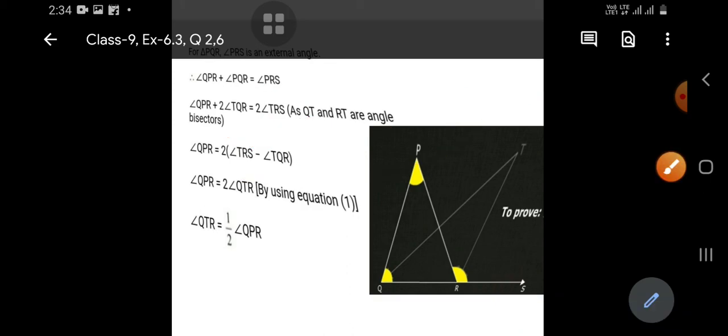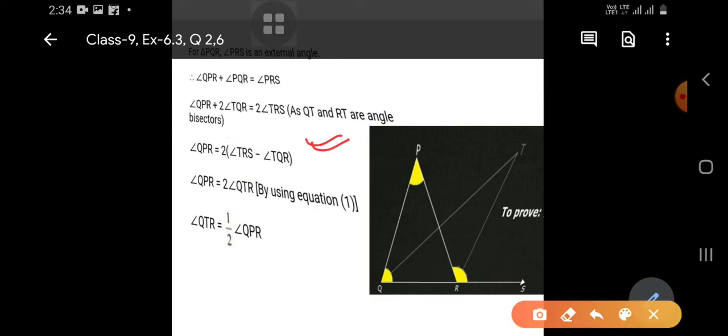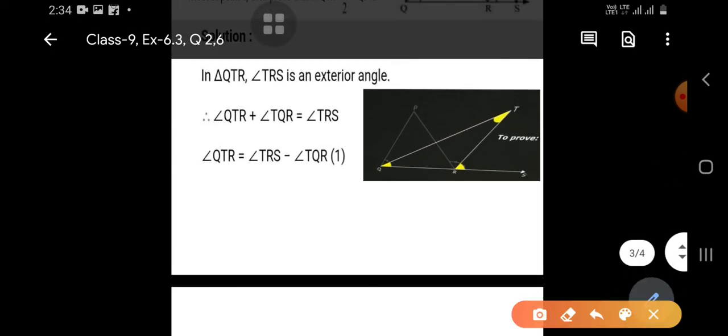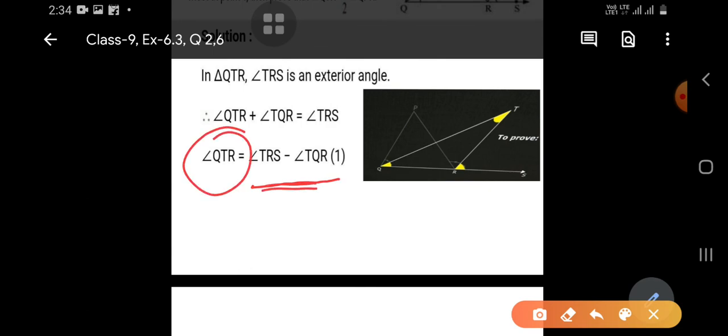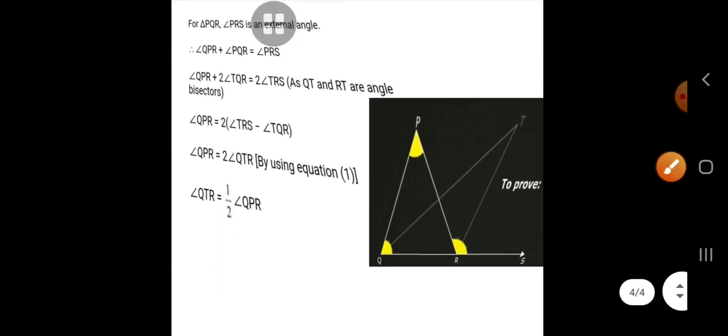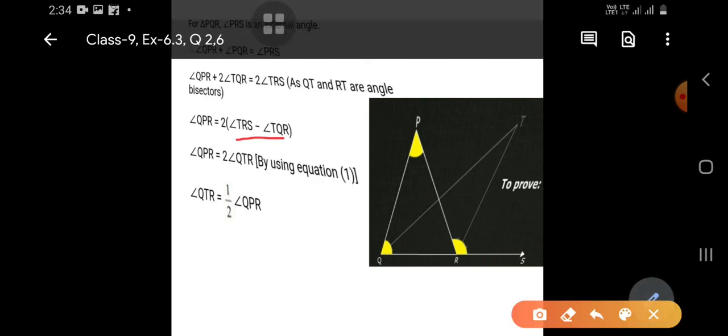Now we will put the value of TRS minus TQR from equation 1. Just see equation 1 once again. TRS minus TQR, that is angle QTR. So it will be 2 into angle QTR.